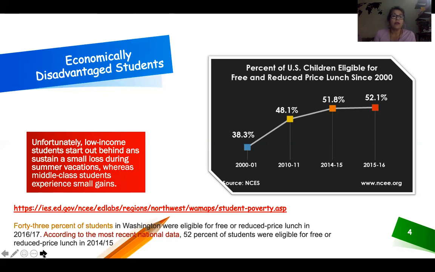Unfortunately, low-income students start out behind and suffer substantial loss during summer vacation, whereas middle-class students experience small gains. Remember, most of the time our students don't have a babysitter, and we have to keep in mind that most parents both work in the fields.